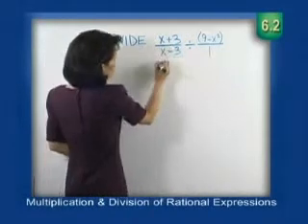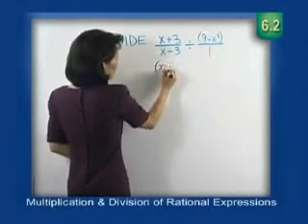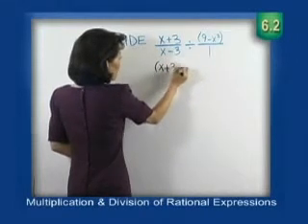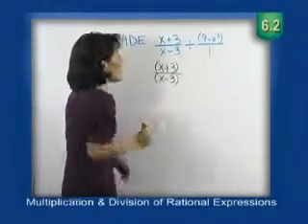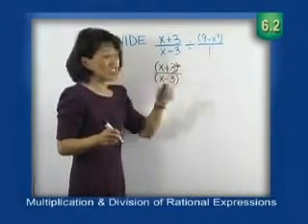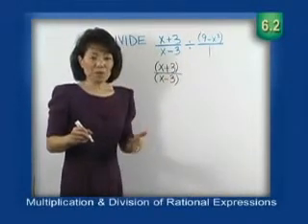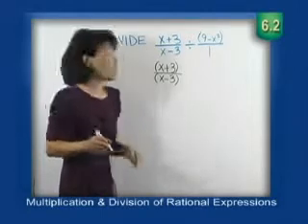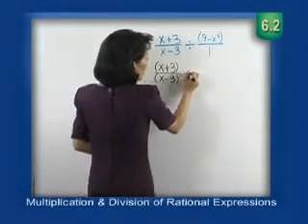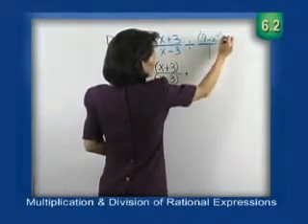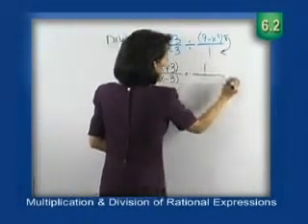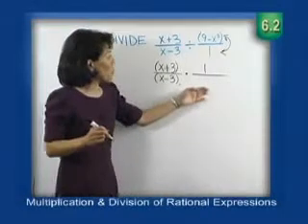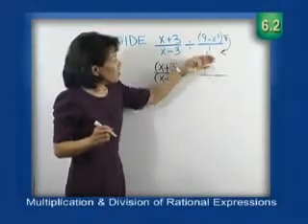Well, the first fraction looks like it's in fine form, so we'll leave it as x plus 3 over x minus 3. Now remember, dividing fractions is the same as multiplying by the reciprocal of the second fraction. So that means that this one is going to flip over. The 1 becomes our numerator.